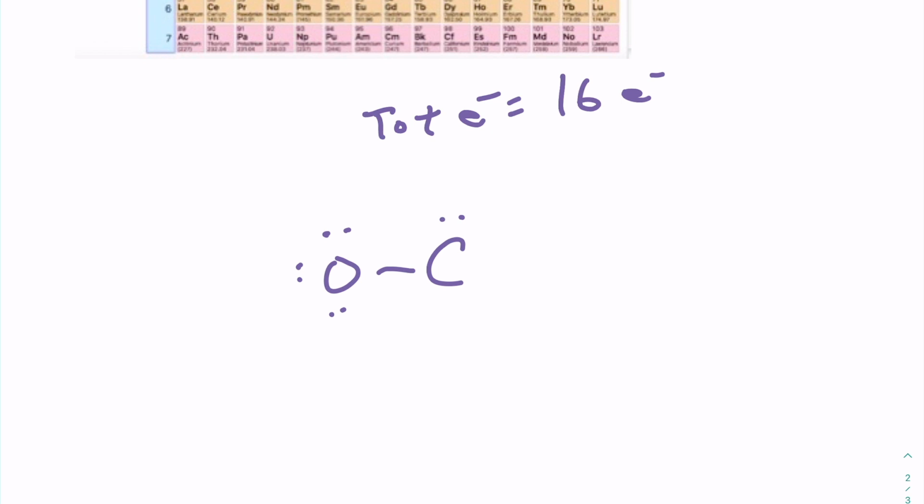So if we draw out our CO2 again, now what we're going to do is add a bond. So instead of having this, we'll have that oxygen and carbon now have a double bond between them. So now oxygen still has the 8.